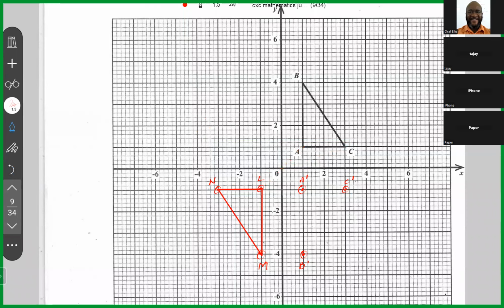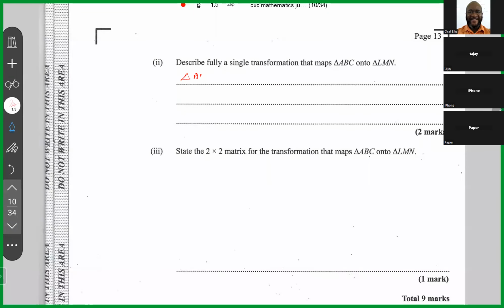All right, so let's write that down. I would say that triangle ABC is mapped onto triangle LMN by a 180-degree rotation about the origin as center.